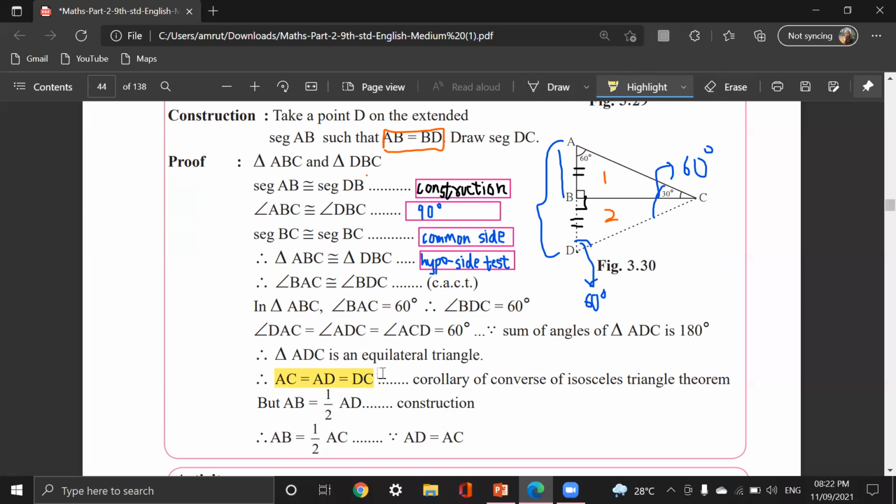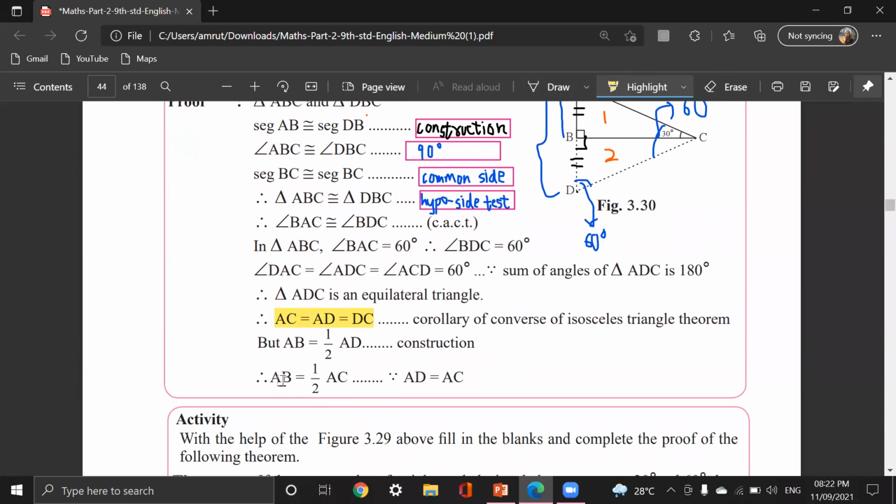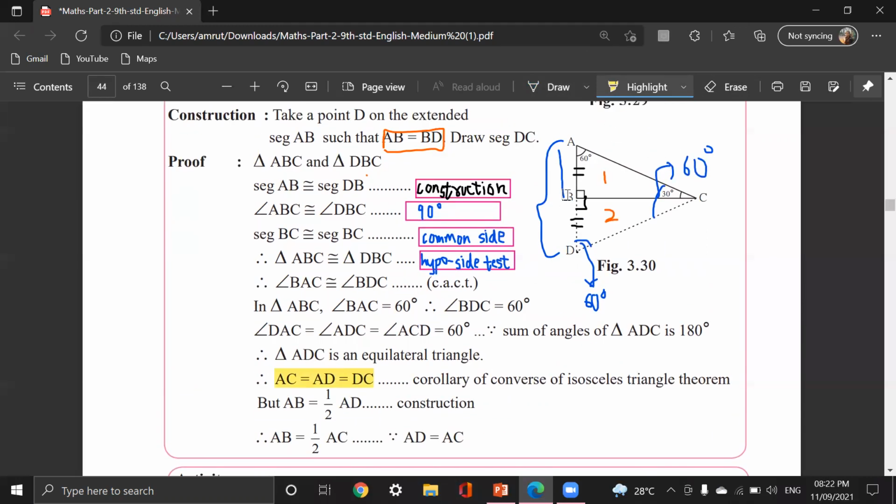Why? All the three sides are equal because of the equilateral triangle. So AB is half of AC. So we can prove here, in a triangle ABC, AB is half of AC.